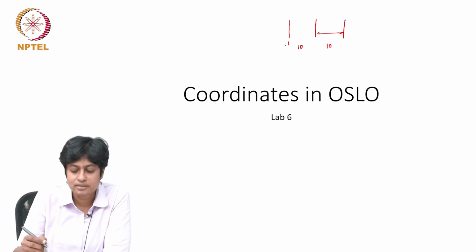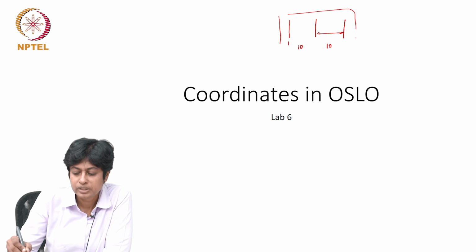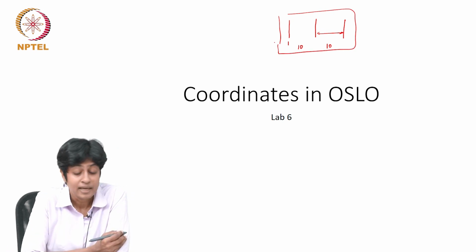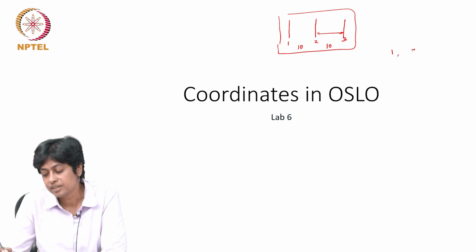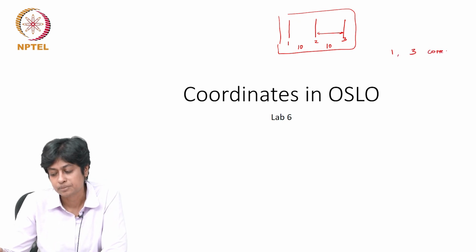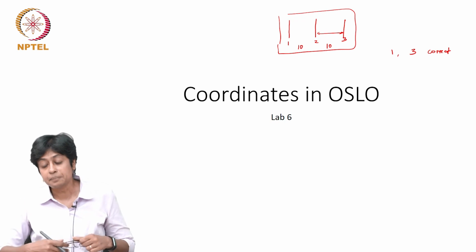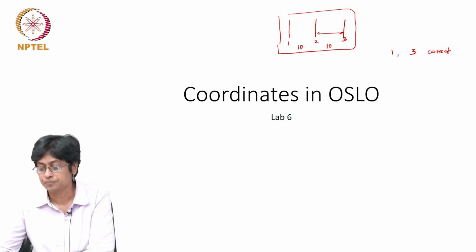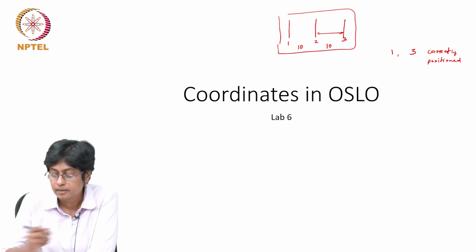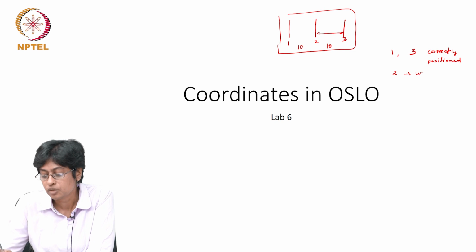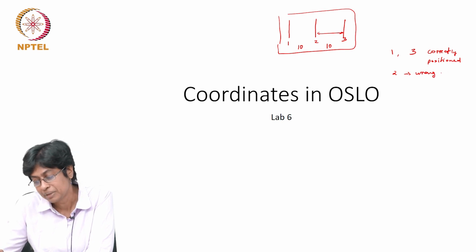So let's say I had a system as I've drawn here, which has 3 elements in it. It may be that element 1 and 3 are correctly positioned. Okay, it may be that they are correctly positioned. But element 2 is in the wrong place or has the wrong tilt.